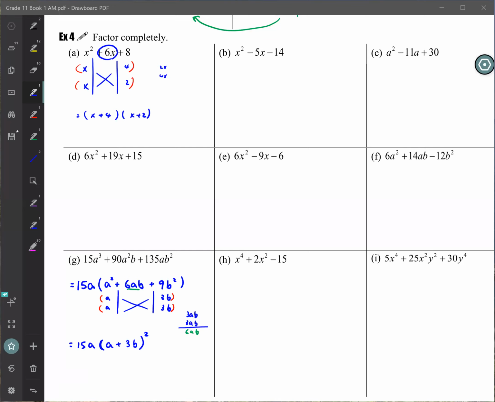I screwed up on all the answers because I did the wrong thing, so I have to redo all of them now. All of them? Oh, what kind of mistake? I put the signs wrong. For B, I put x squared plus 5x instead of negative. Oh, okay. It'll take about 5 minutes. Yeah, okay, no worries.